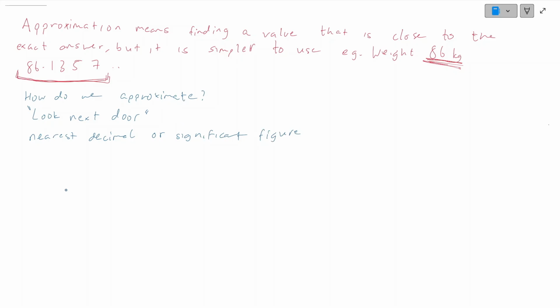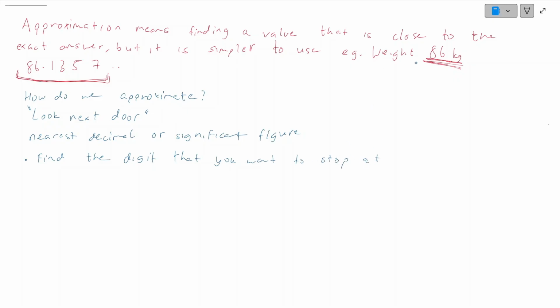I'll give you the steps of what to do for this method. Number one, you find the digit that you want to stop at. Obviously, this might be given, sometimes it's not given.